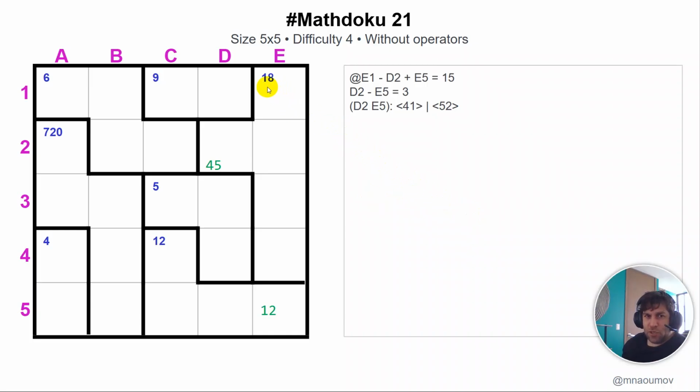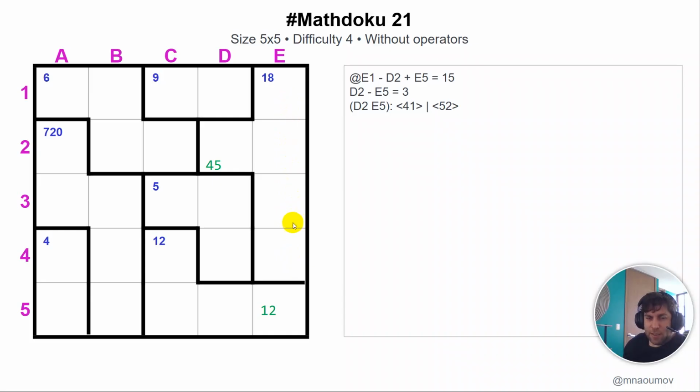Let's look at cage E1. Its value is 18. It's plus or multiplication. Can it be multiplication? No, it can't. Cage E1 contains almost all numbers from column E, so it has to divide on it.